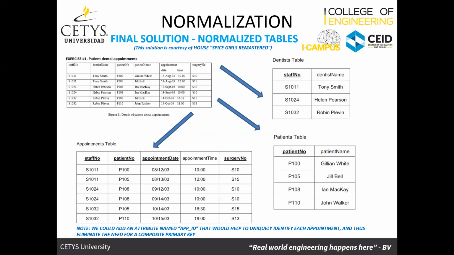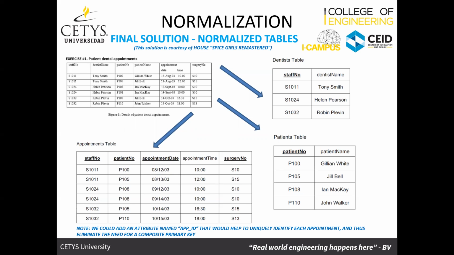And then we're going to have a table that combines the appointments. And here we're going to have who did the procedure, the patient, the date, and the surgery or the procedure that was done.